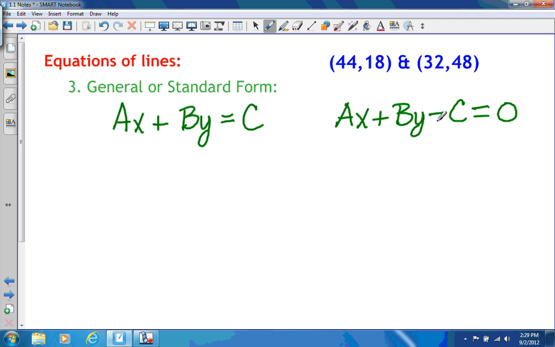Difference between the two is you get everything to one side with this one. And typically, or usually, your values for a, b, and c in either form are going to be whole numbers.